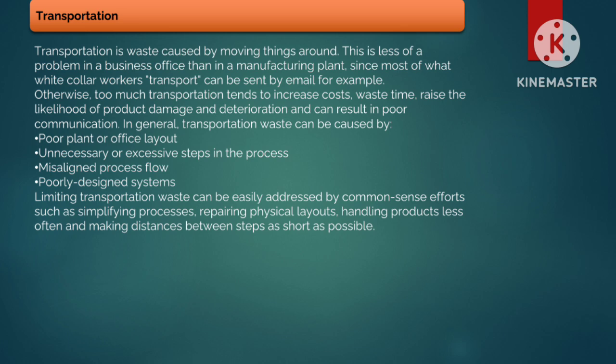This is just an example of the Lean Six Sigma approach. Very important in your organization, in your process, if you see that something is taking too much time in transportation, you have to think about what can be done better. Lean Six Sigma provides many tools, many methods, many different approaches that you can use to reduce this transportation waste.